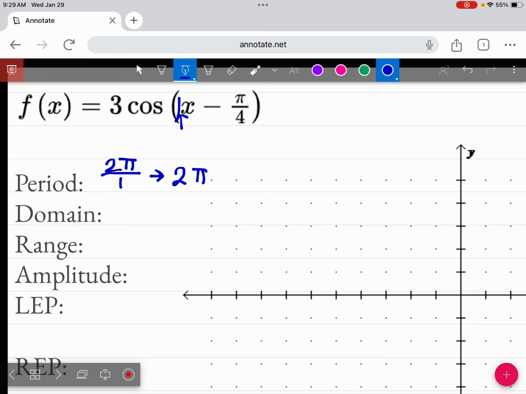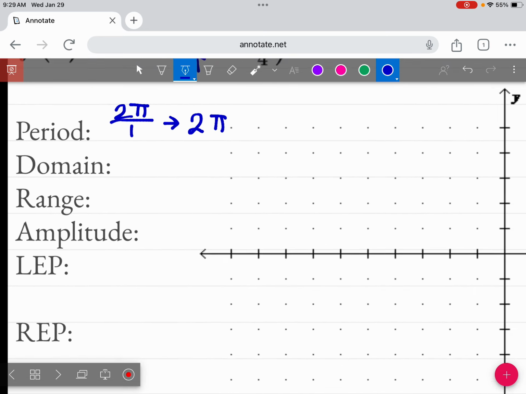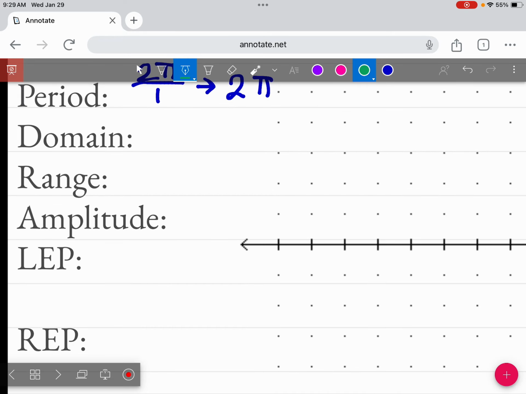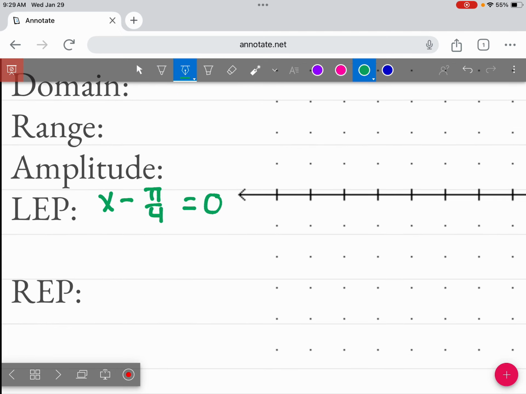We love that. To get our endpoints, that's when we take this piece here and we figure out when that would be what we normally expect it to be. So we're going to look at our x minus pi over 4, and we want to know when that equals 0.